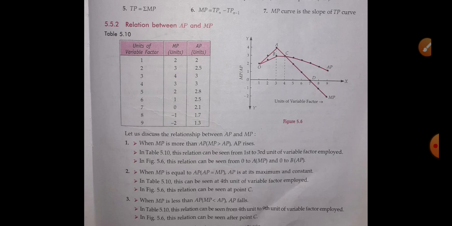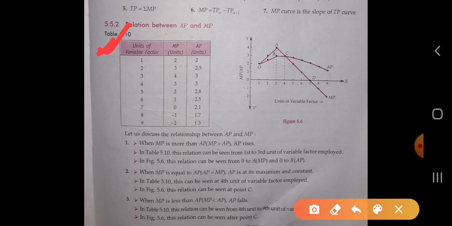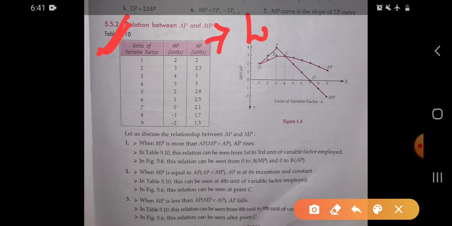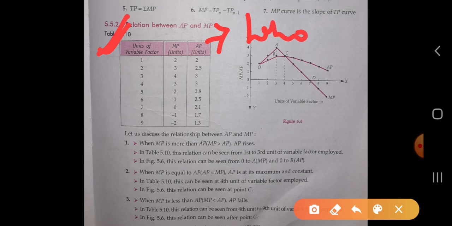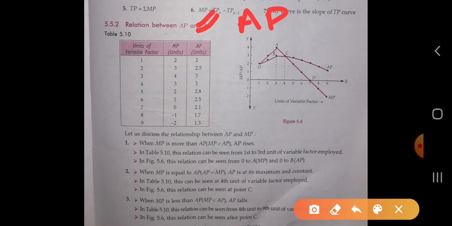If there is any question or schedule given to you, with the unit of variable factor, MP, and AP, the question arises: how will you get the value of average product? We get the value of average product from the total product.